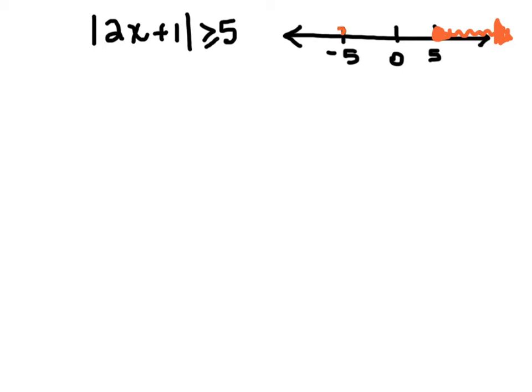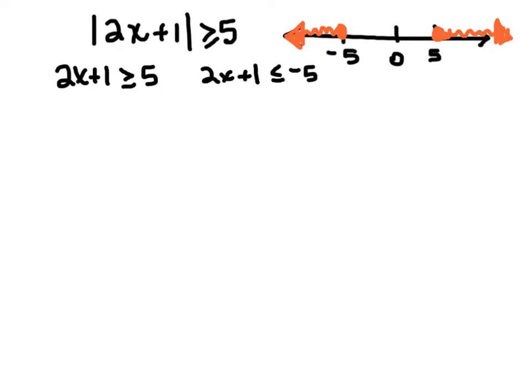But because of absolute value, all of these numbers, the distance is greater than or equal to 5 as well. Right? So what that really is saying is that 2x plus 1 has to be greater than or equal to 5, and 2x plus 1 has to be less than or equal to negative 5.